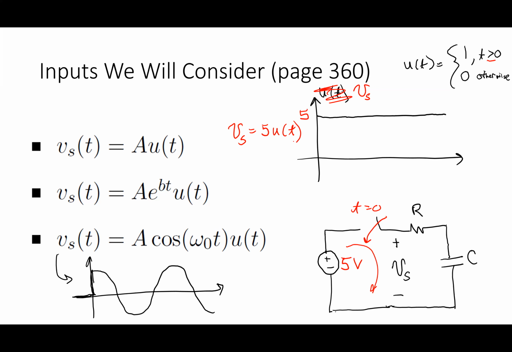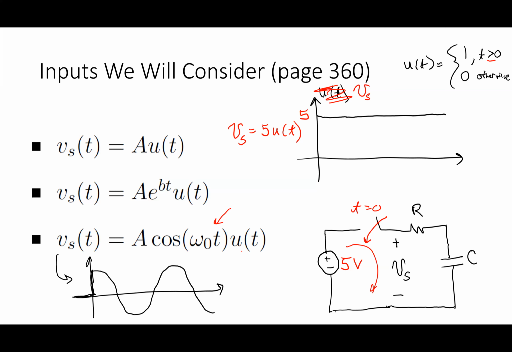The other day, we considered what happens if I have a sinusoidal input. I put up a completely separate video that walks through an example of a first order system with a sine wave input. You'll want that for problem 2. Typically I say that my input is cosine omega naught t times u of t.